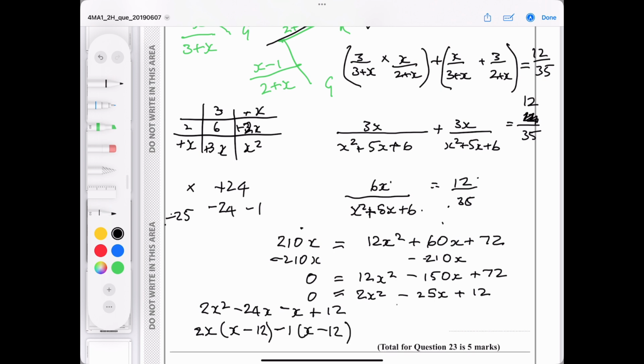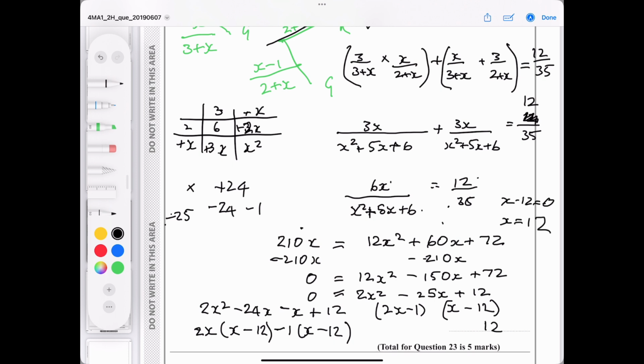So that means we know it's 2x minus 1 and x minus 12, and therefore x has got to be positive, and it also has to be a whole number. So x minus 12 equals 0, so x equals 12.